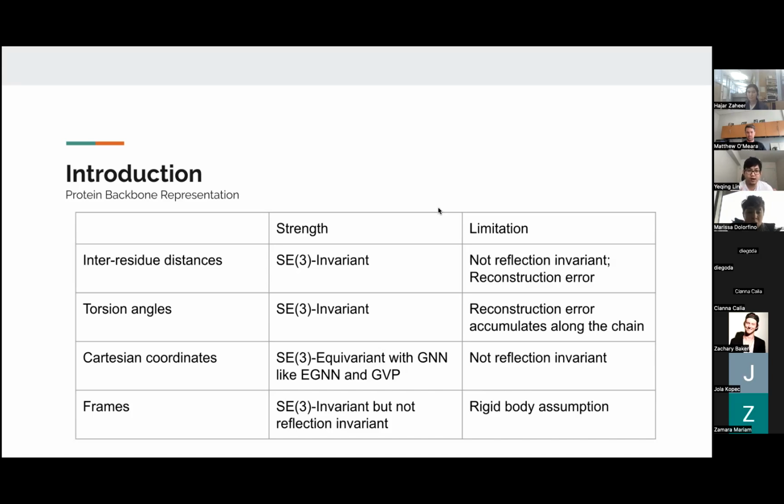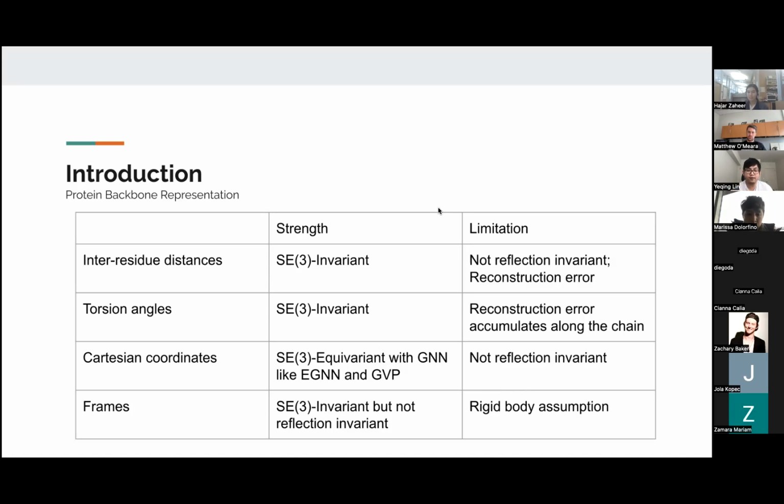Here we consider multiple common protein backbone representations. The earliest work dates back to around 2015, when it was integrated with generative adversarial networks. Previously, the most common representation was the interresidue distances. Basically, you represent a protein as a distance matrix where each entry in the matrix traces the distance between two different residues or two different atoms.